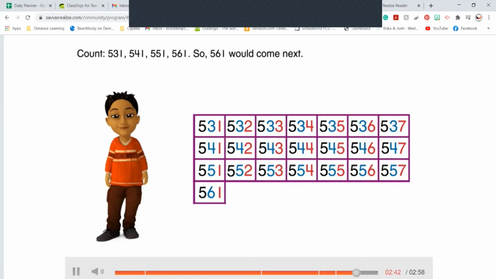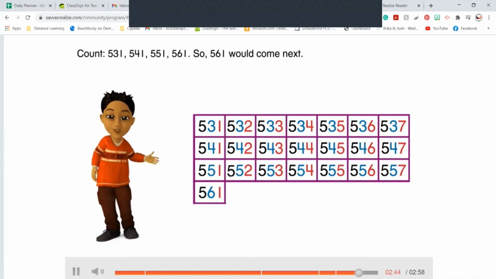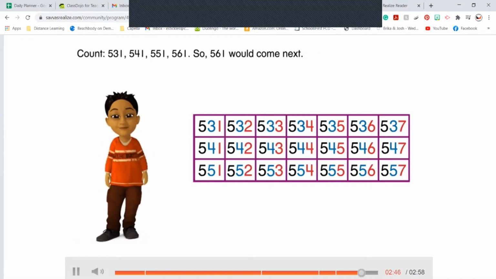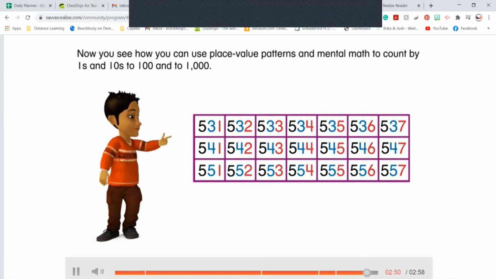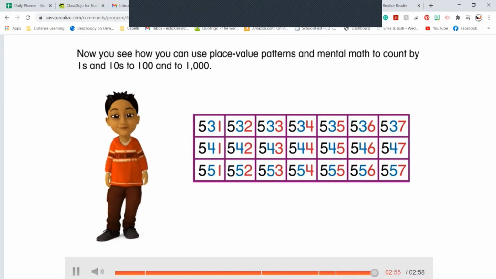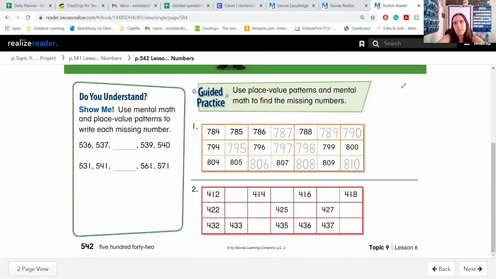So 561 would come next. You can count by tens. Now you see how you can use place value patterns and mental math to count by ones and tens to 100 and to 1,000. Let's go get some practice in our workbooks.